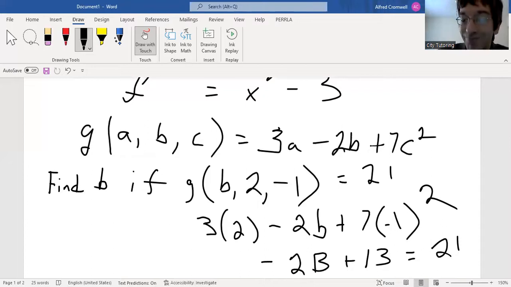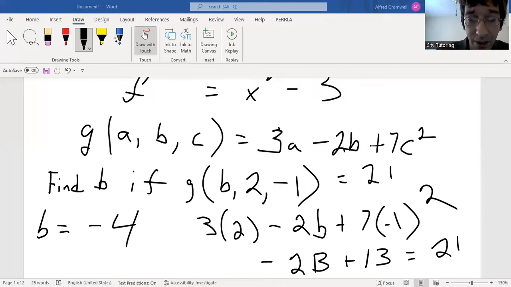And then they solve for B, and you should be getting negative 4. B equals negative 4. Is this correct? It's not. This is bogus. It is a bad solution.